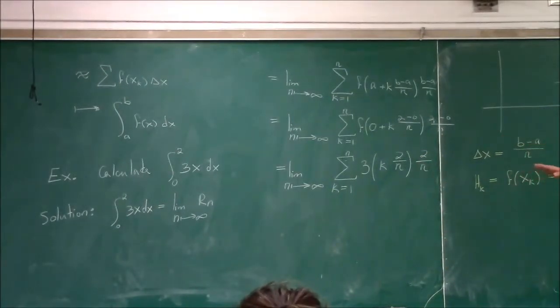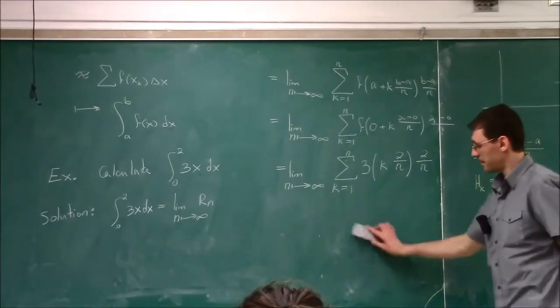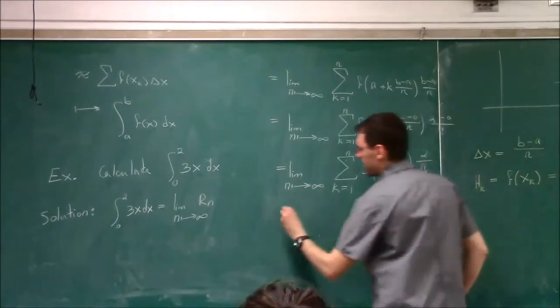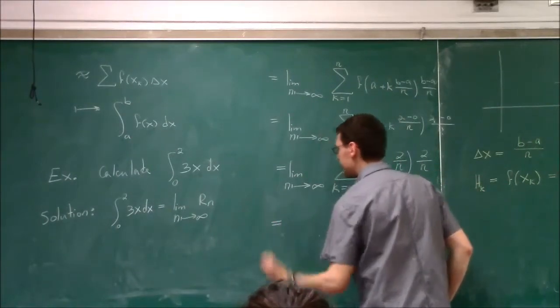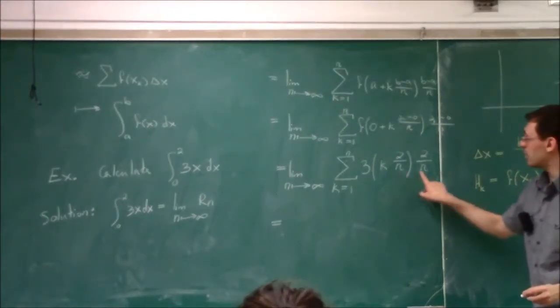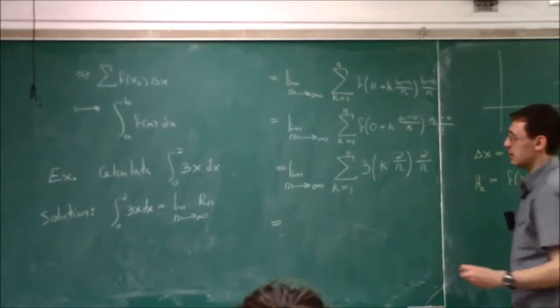You see what I did? So what can I do here? You see that we have 2 over n, 2 over n. I can factor it out.